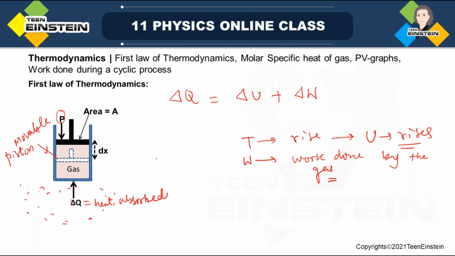So look here, from here we can find out what this work done is. Suppose this piston was here initially, and the piston has area of cross section A, and it was given a constant pressure P. Now when the gas absorbs this delta Q amount of heat, it will expand and work against the external pressure.